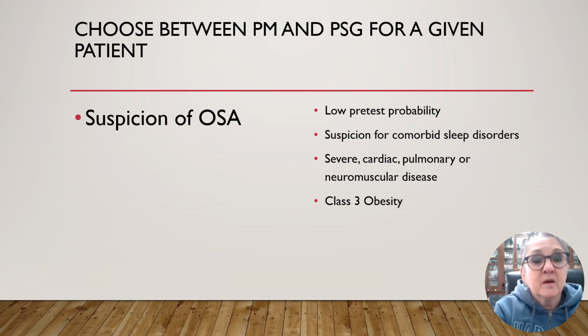With this type of patient, a full lab sleep test would be more practical because we can monitor more things, and we can also look at cardiac and any other disorders that may be going on. So for this example, we would use in-lab testing.